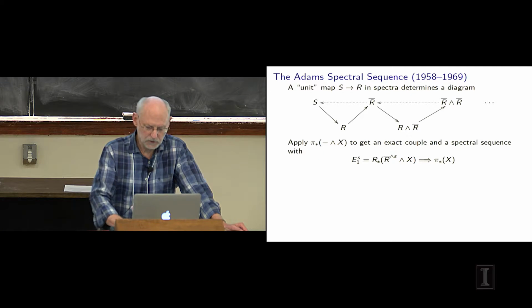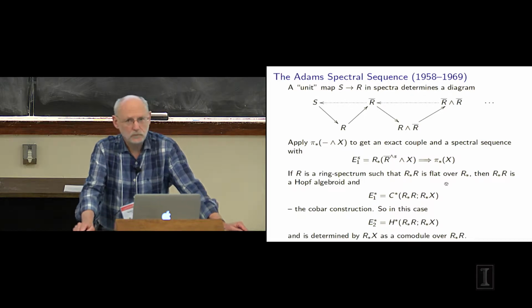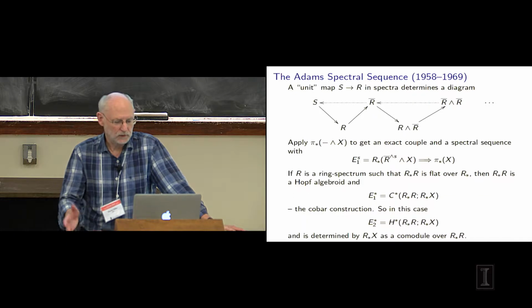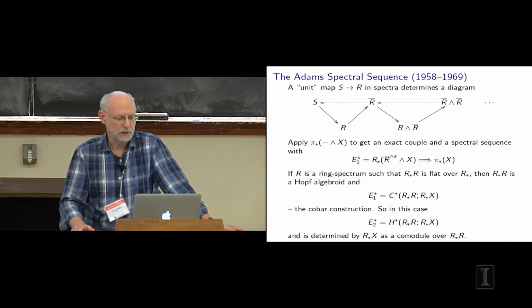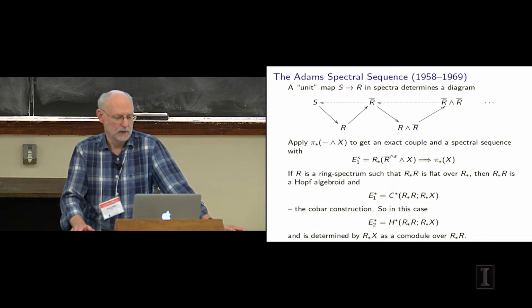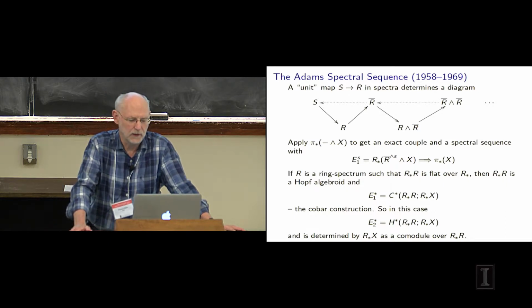So this is the Adams spectral sequence based on R. R might be a ring spectrum, and in the lucky case, when the self-homology of R is flat over the coefficients, then you get this extra structure. The self-homology becomes a Hopf algebroid, and the E1 term can be expressed as a cobar construction over that Hopf algebroid.